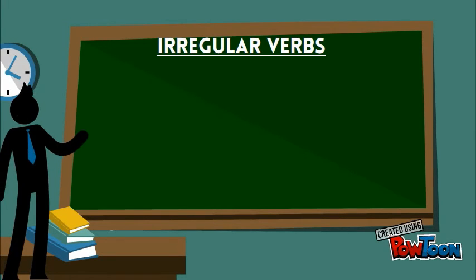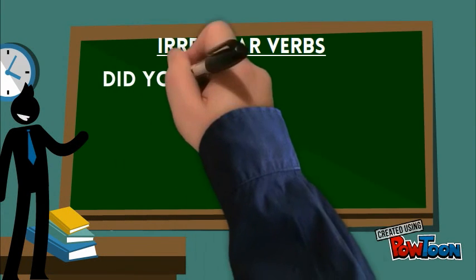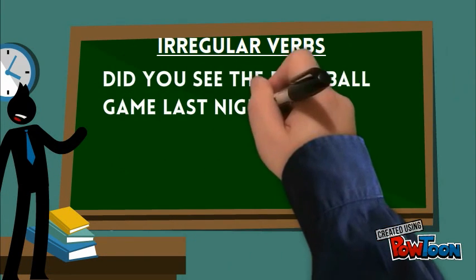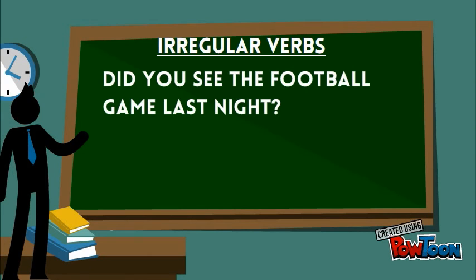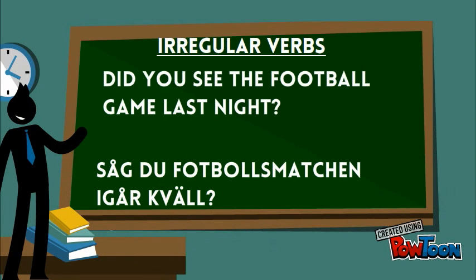There are many things that Swedish people in particular find difficult when deciding what verb form to use. One of the most common mistakes has to do with translation. For example, did you see the football game last night? The Swedish translation is såg du fotbollsmatchen igår kväll?